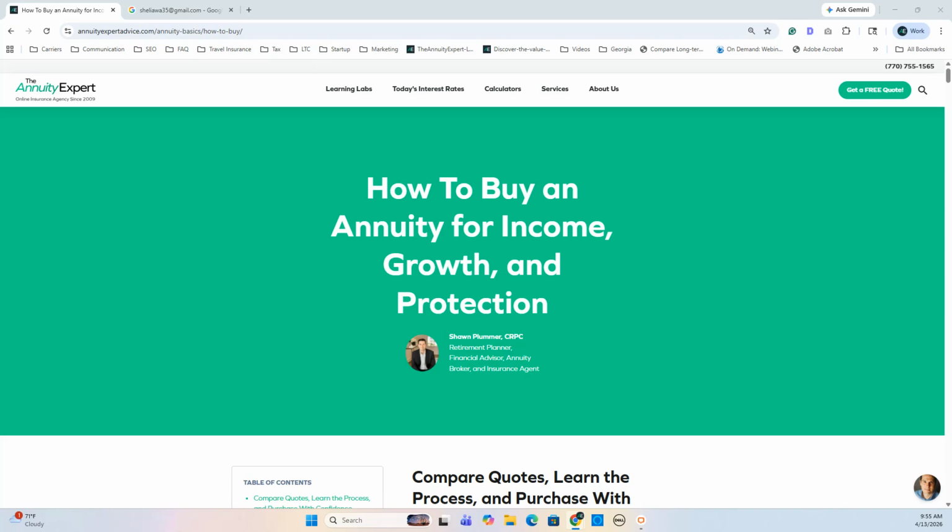If you're going to fund it with cash, the consumer, the buyer, sends a check to the insurance company directly. Or if you're transferring money from a retirement account or a brokerage account, the insurance company will do that work for you on your behalf. So you don't have to worry about that.